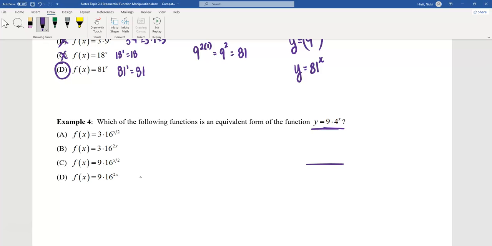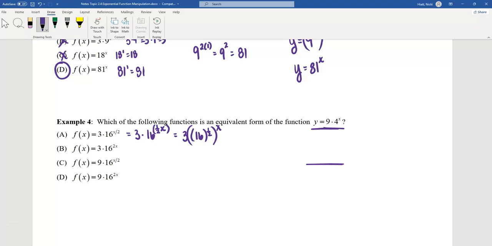In this case, if I've got 16 to the x over 2, that's the same as having 3 times 16 to the 1/2 x, right? Dividing by 2 is the same as multiplying by 1/2. We saw that on another problem, which means I would have 3 times 16 to the 1/2 raised to the x there.